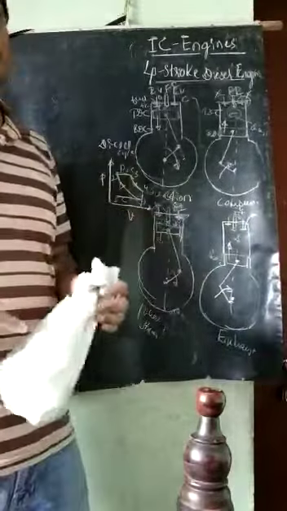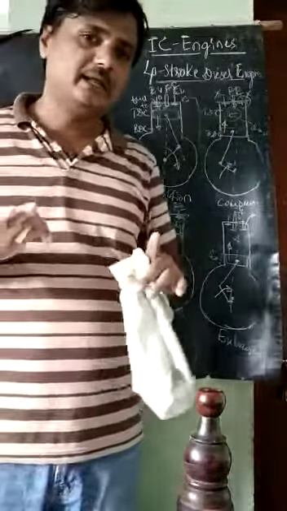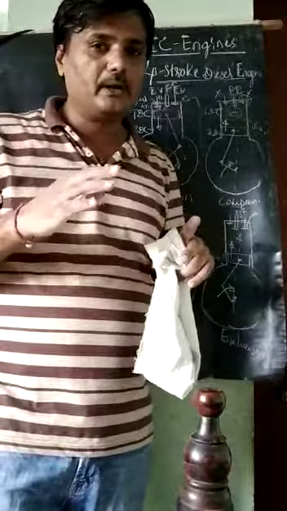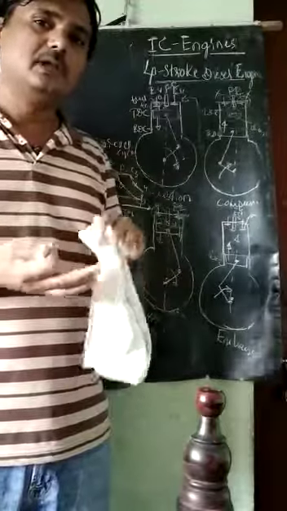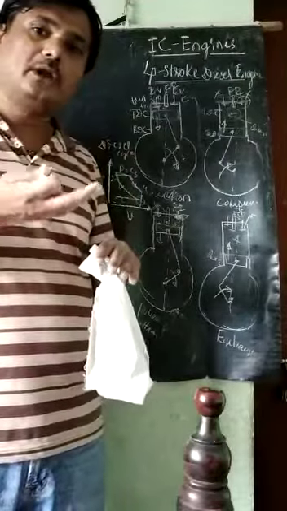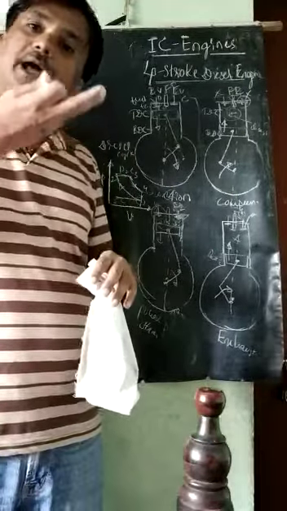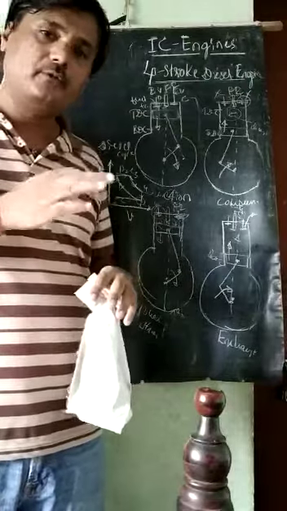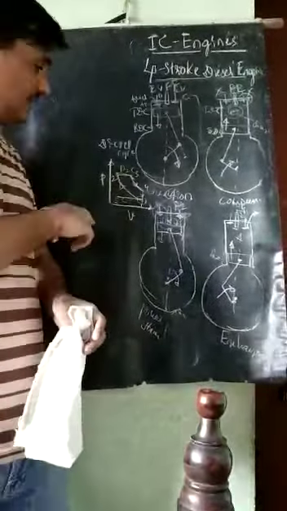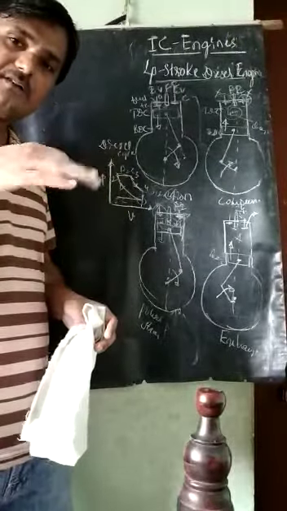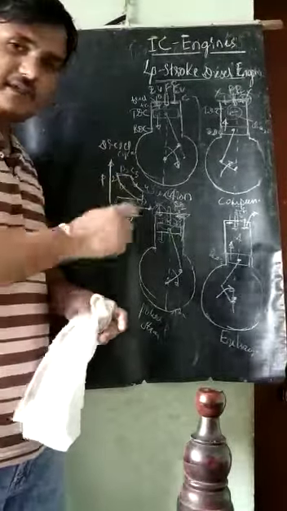It is not possible here now. Practically, it is not possible to open suddenly, and it is not possible to close suddenly here now. There will be certain time required to fully open and fully close here now. So therefore the real cycles are somewhat different than this ideal cycle here now.